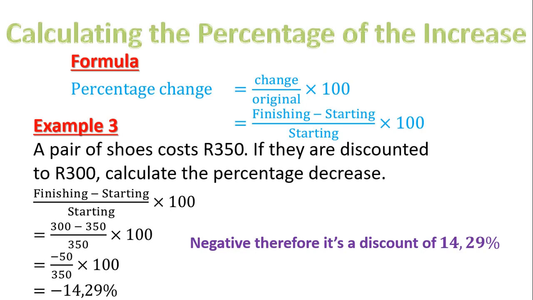If your percentage increase is negative, it means it's a discount or it's a decrease. Alright, so therefore it's a discount of 14,29%. Alright, so always remember, percentage increase, if it's positive, it's increasing. If you use your formula and you get a negative, it's then decreasing.